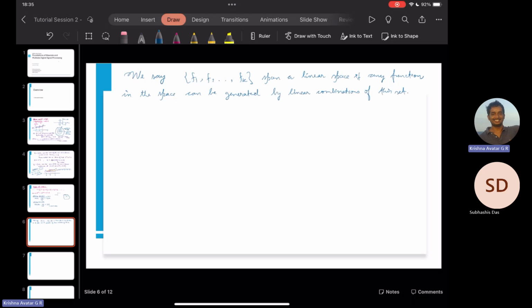And that is what we know about what we mean by basis of any space, that you can find the linear combination and then you can get any member in that set.